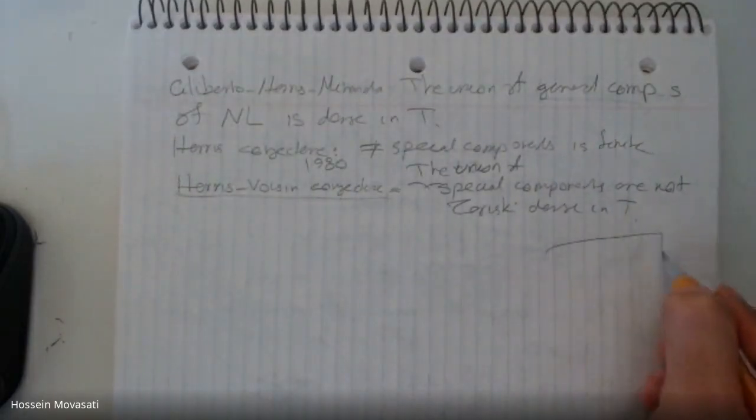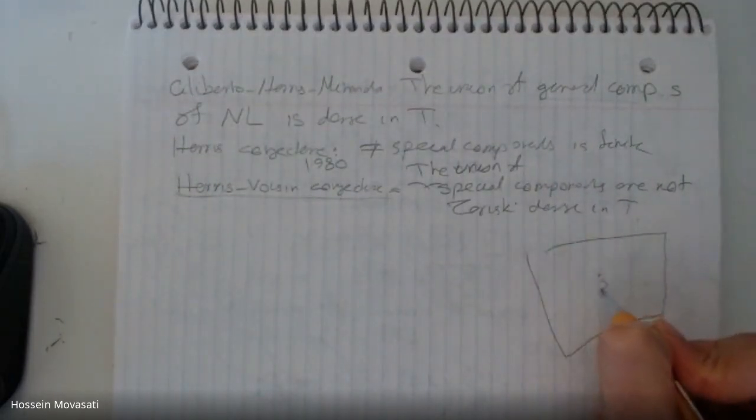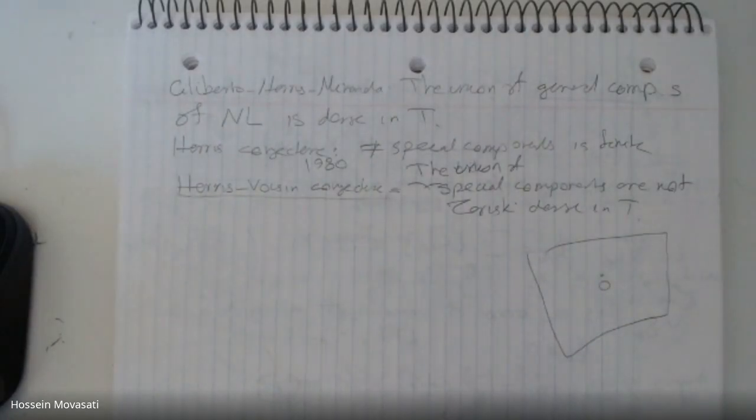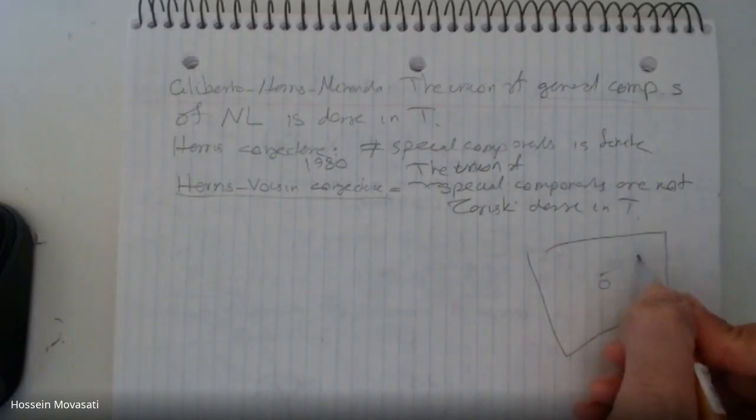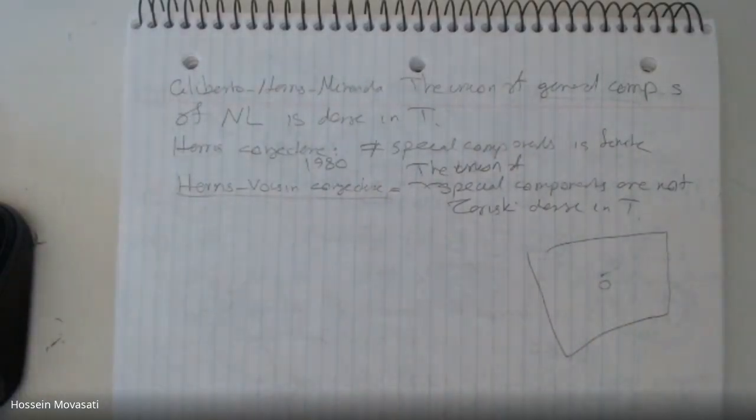So what I want to do next is that we can produce an infinite number of general components through Fermat. Let me explain the strategy to produce them.